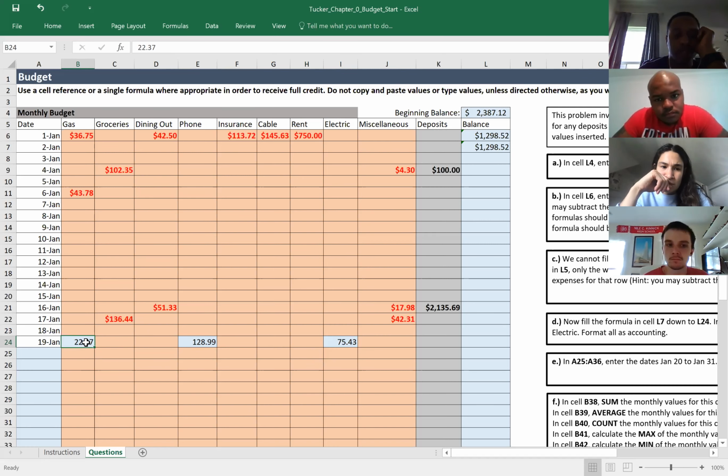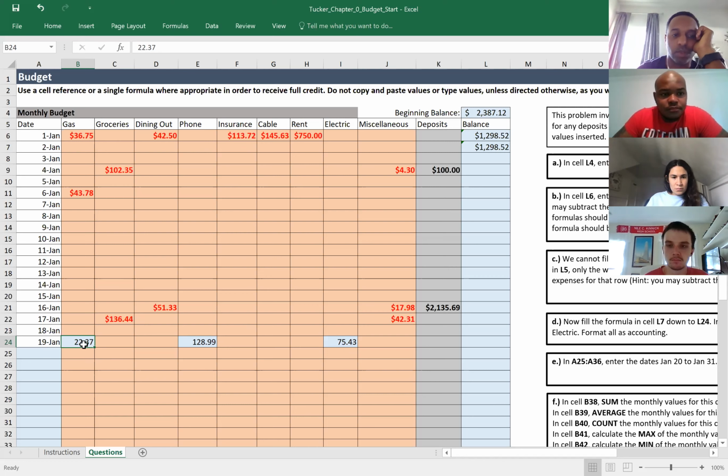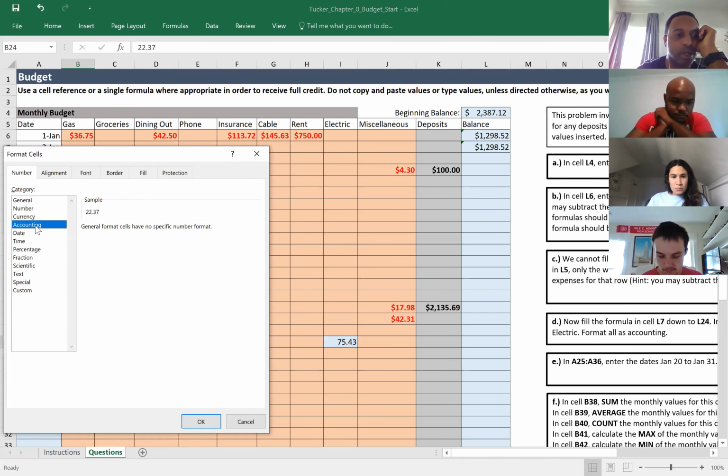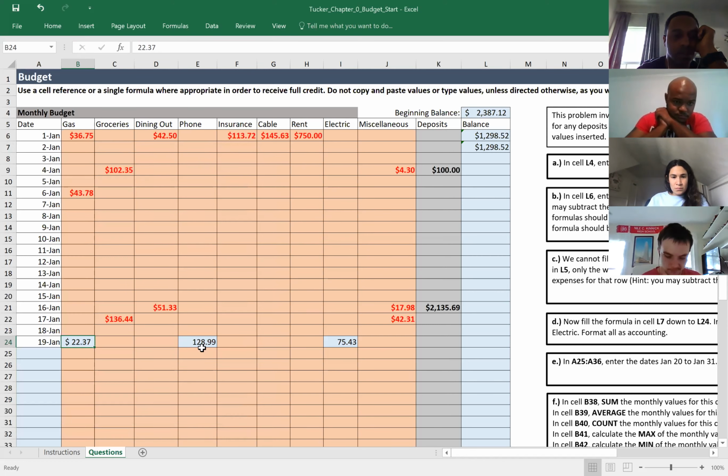Because I was thinking that they were going to give me instructions to put in values up here, but they told me to go down to January 19th, row 24, and put in values down here. So whatever it is, they're doing this practice to get you used to the terminology and used to Excel itself. They told me to format all of these as accounting.